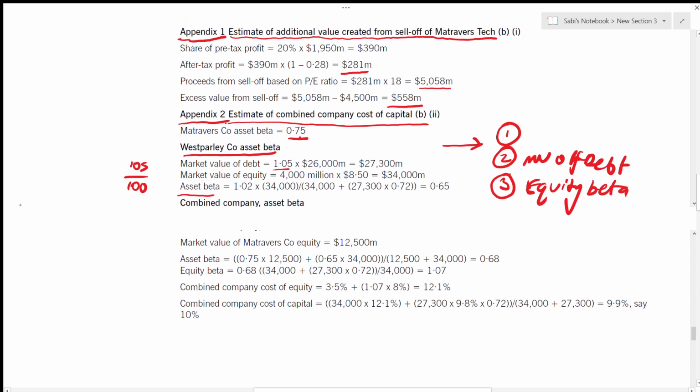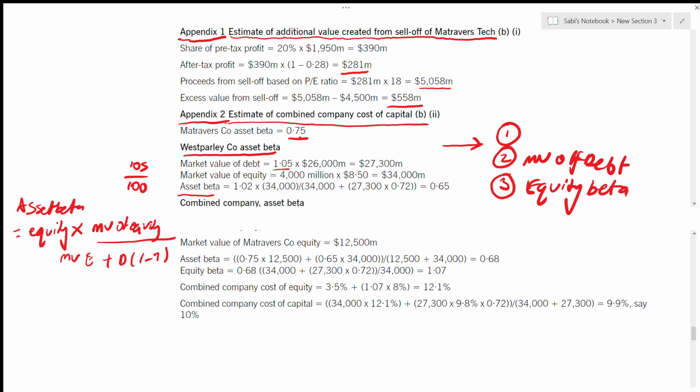Asset beta is equal to equity beta multiplied by market value of equity divided by market value of equity plus debt times (1 minus tax). This is market value only. This formula only they have used here.